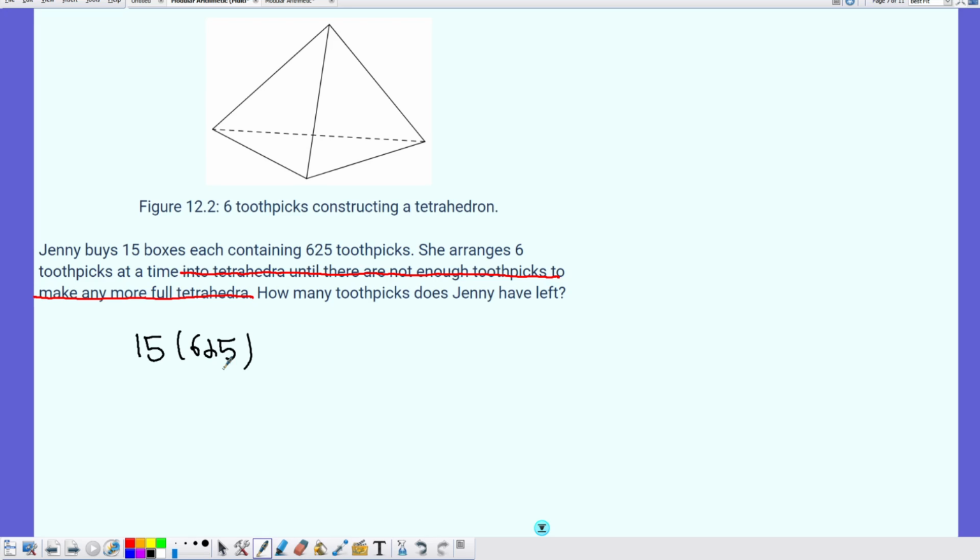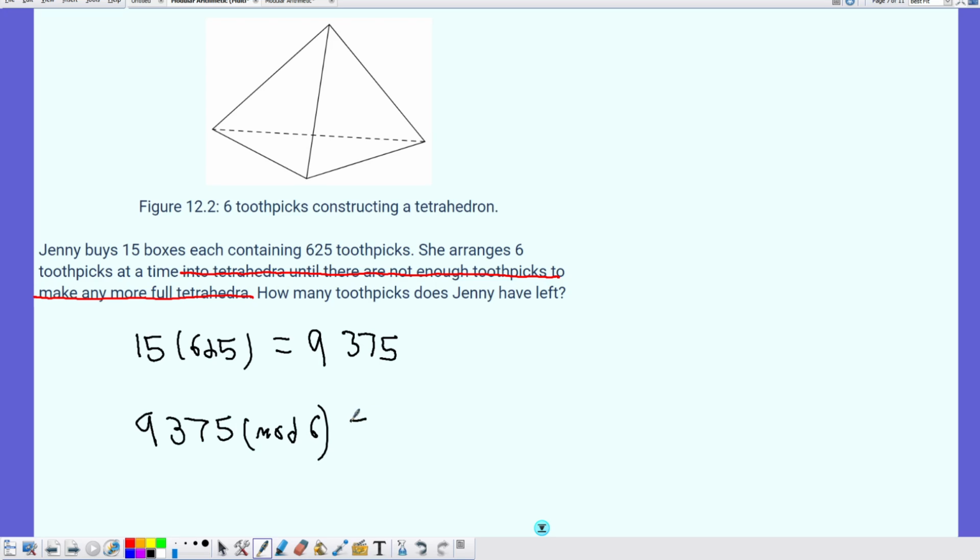You would find that 625 times 15 is 9,375. And then I would need to find 9,375 mod 6. And you could divide that out, sure. But no, we're not going to do that.